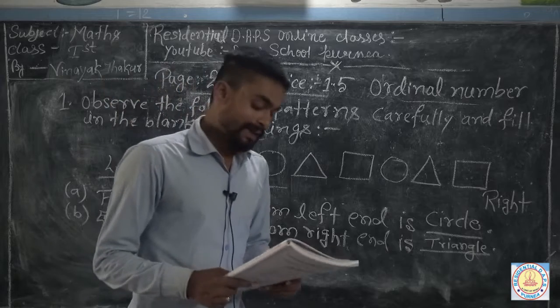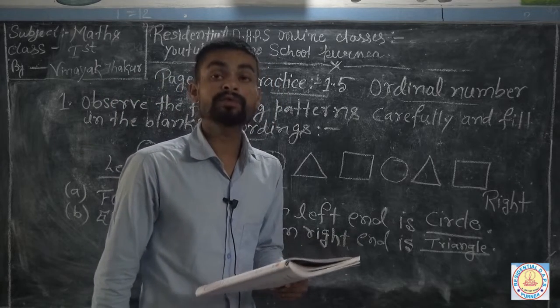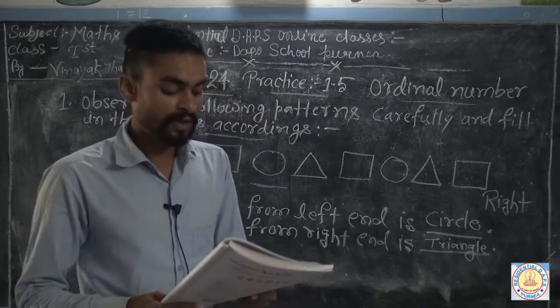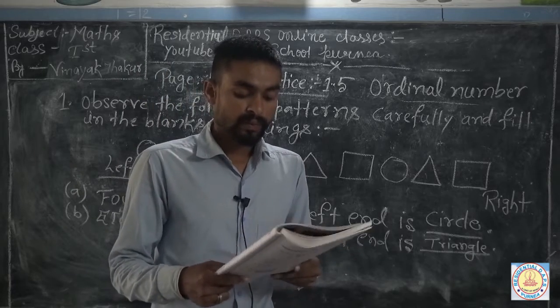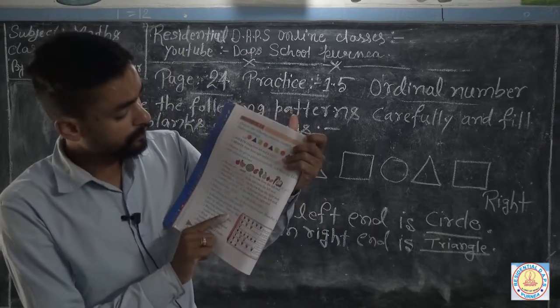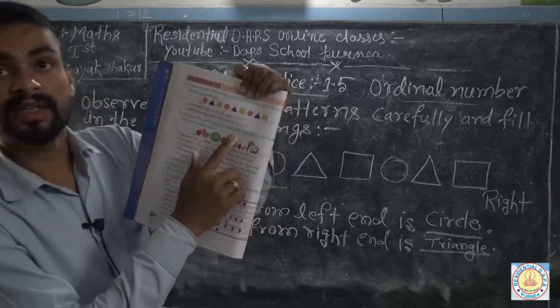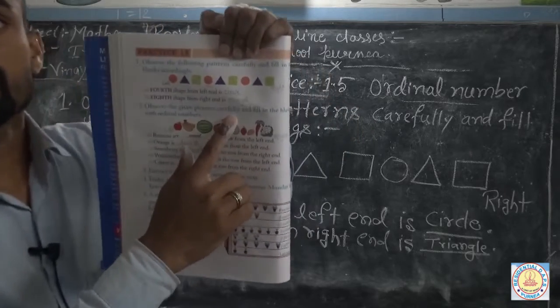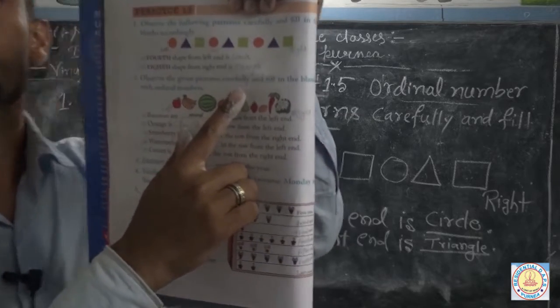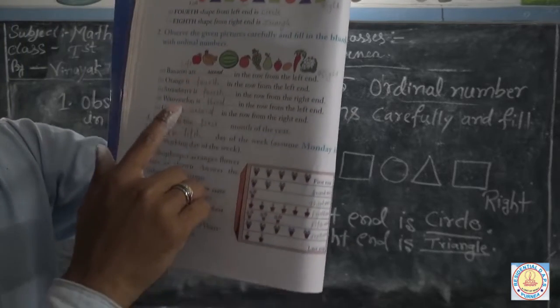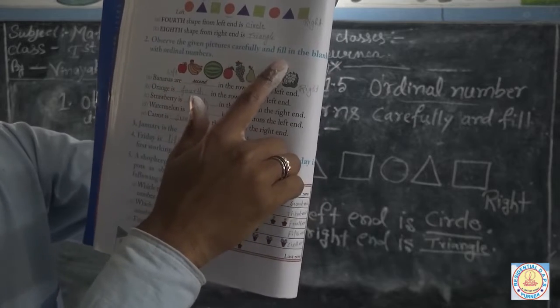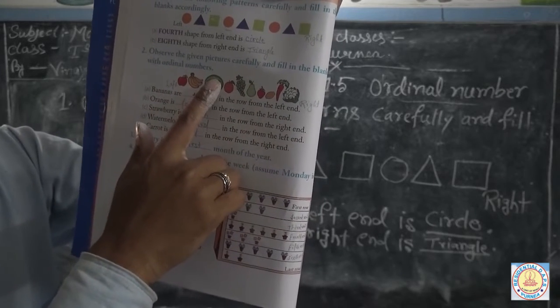So guys, like this you have to solve your second question, and in your second question observe the given pictures carefully. This is your second one, and observe the given pictures carefully and fill with ordinal numbers.